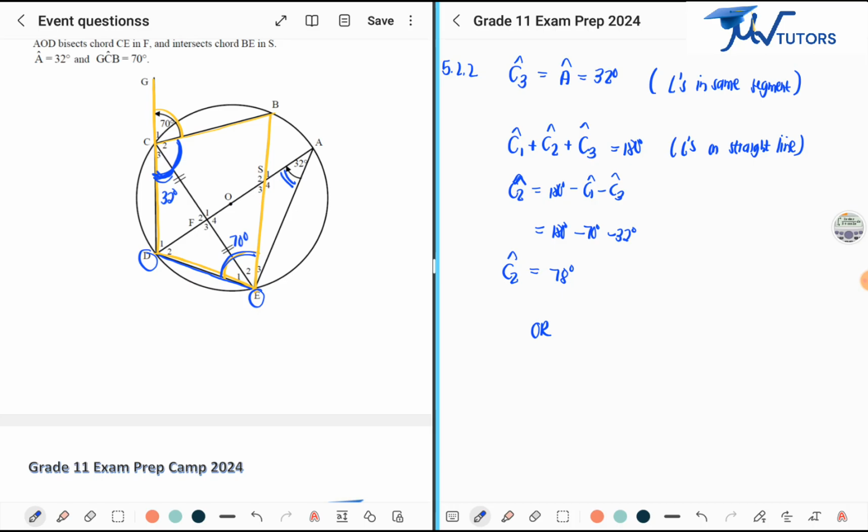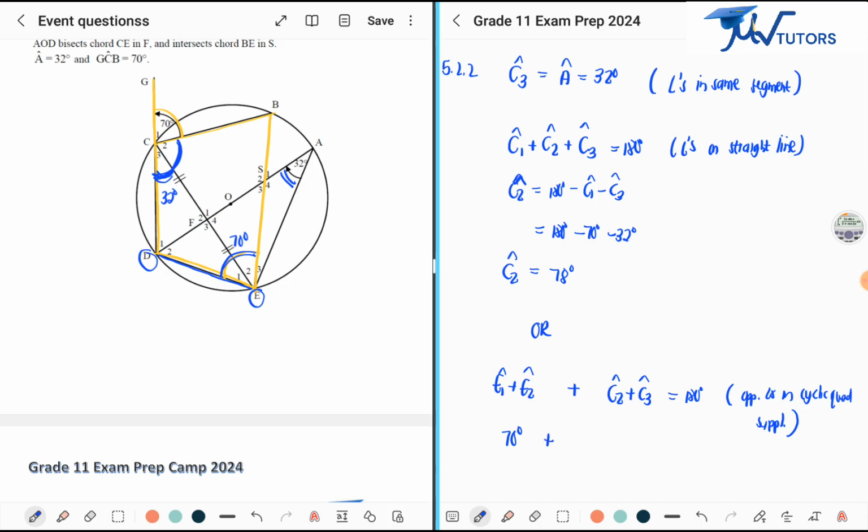So I would know that E1 plus E2, if I added with C2 plus C3, I would get 180 degrees. So basically opposite angles in a cyclic quad are supplementary. E1 plus E2 is just 70 degrees, and we have C2 plus C3.